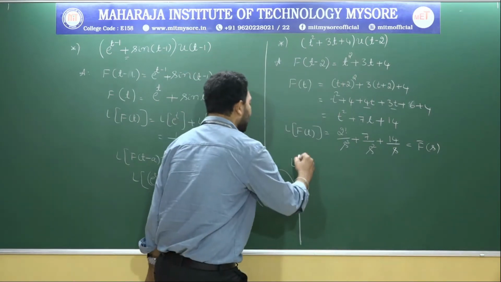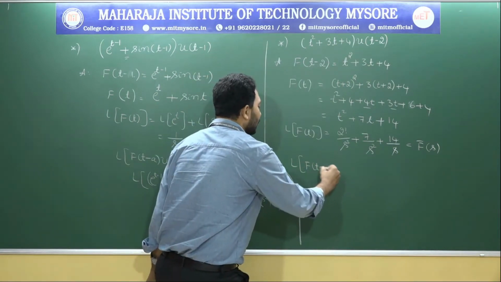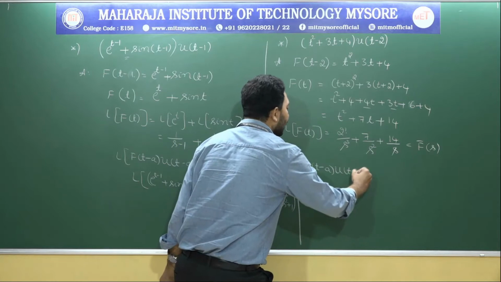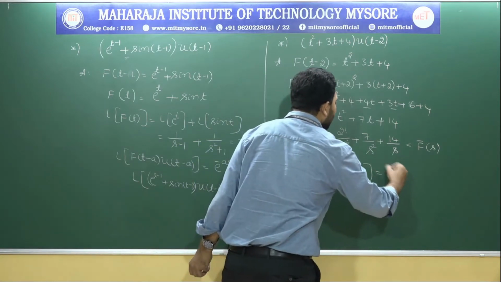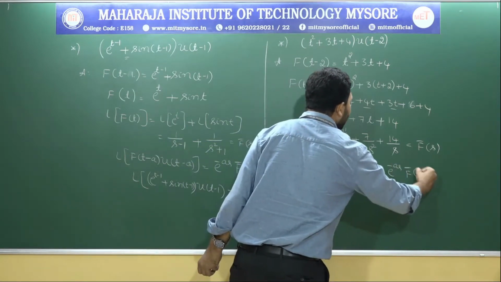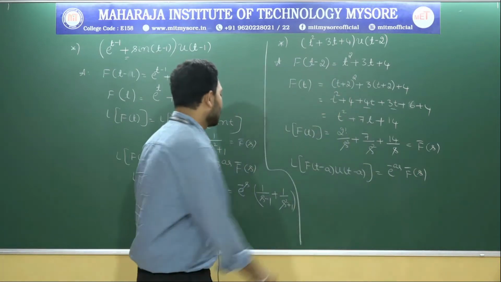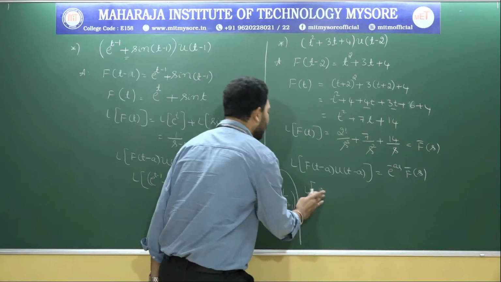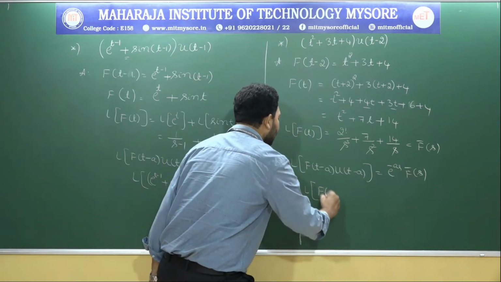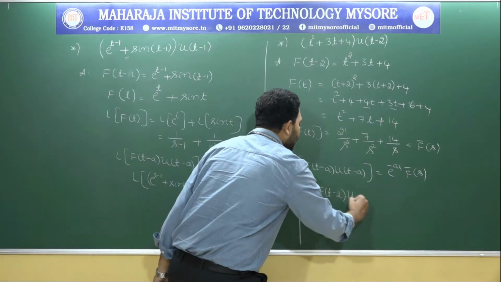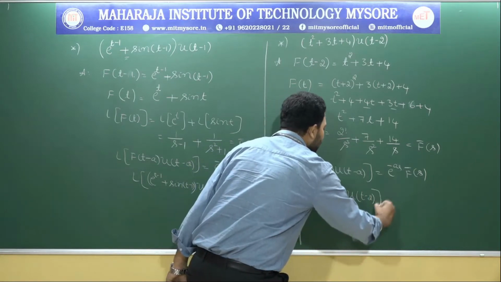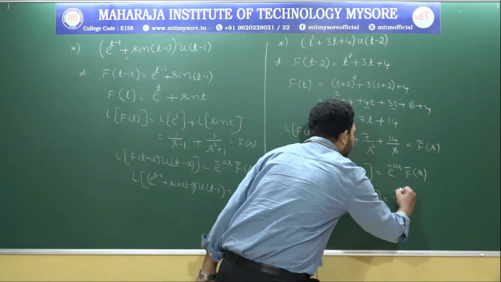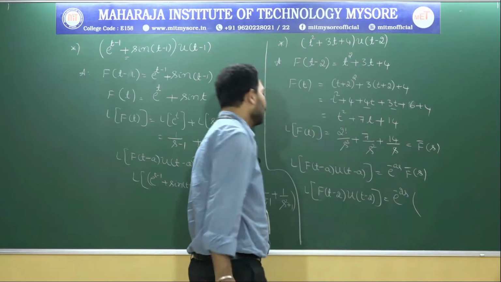Then what is Laplace of f of t minus a into u into t minus a? It is e power minus as into f bar s. Okay, so f of t minus a is f of t minus 2 now. F of t minus 2 into u into t minus 2 is nothing but e power minus 2s into f bar s.